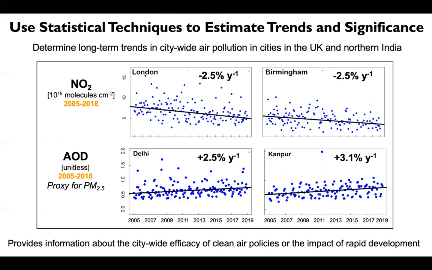So AOD or PM2.5 is increasing by 2 to 3% per year in both of these cities. And this is related to rapid development, large PM2.5 sources, and also absence of evidence of successful air quality policies, where air quality policies have been implemented in Delhi, but we're not seeing evidence of that in the long-term record.